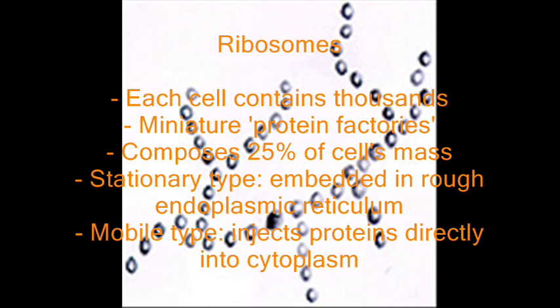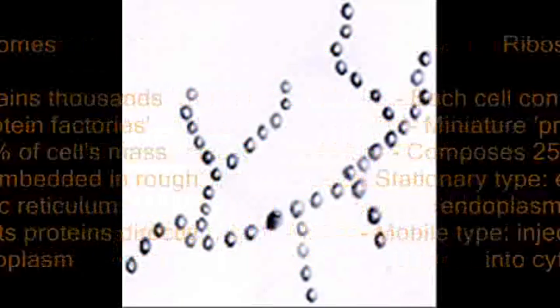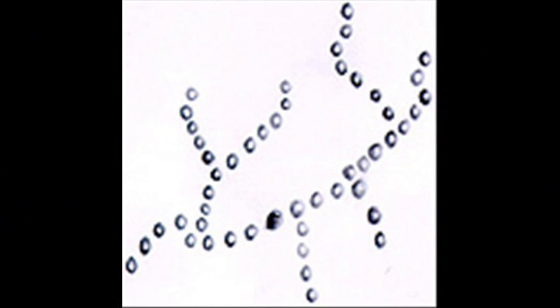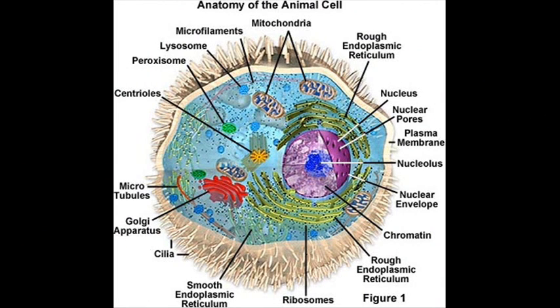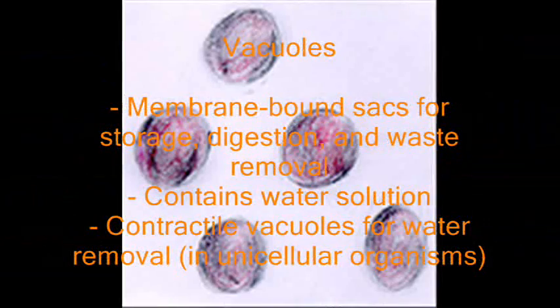Each cell contains thousands. That's a lot of ribosomes in one cell. Now we'll be going to the vacuoles. Vacuoles. Membrane-bound sacs for storage. Contains water solution. These are storage in the cell.